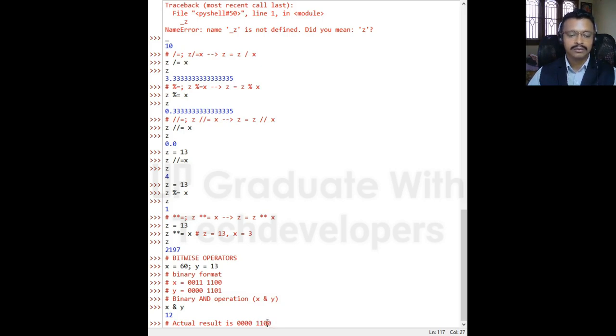If we do this calculation, 2 to the power of 3 is nothing but 8, plus 2 to the power of 2 is nothing but 4. So 8 plus 4 is nothing but 12. So our answer is correct. So let us go ahead.